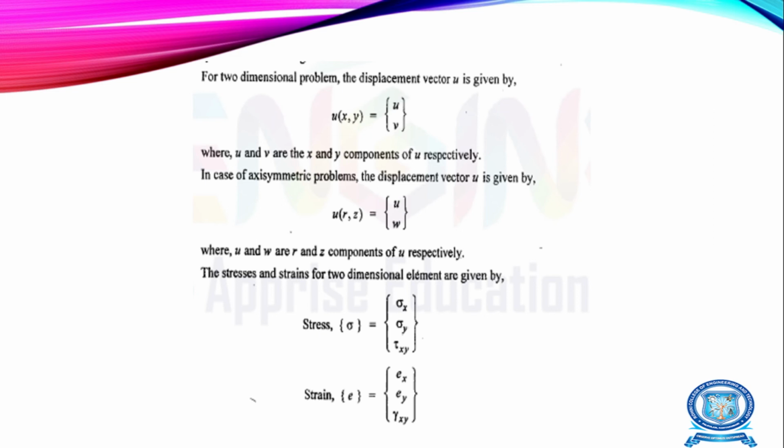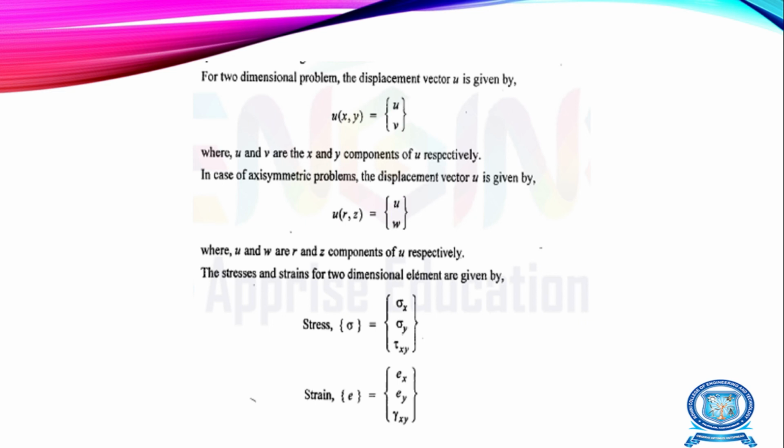But in axisymmetric problems, the displacement vector is given by u of r comma z, equal to u w, where u and w are the r and z components of u respectively.